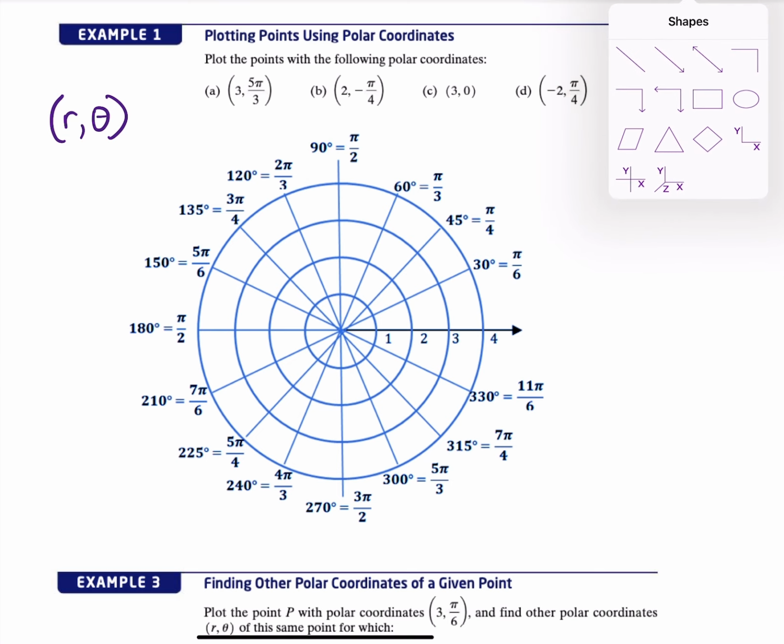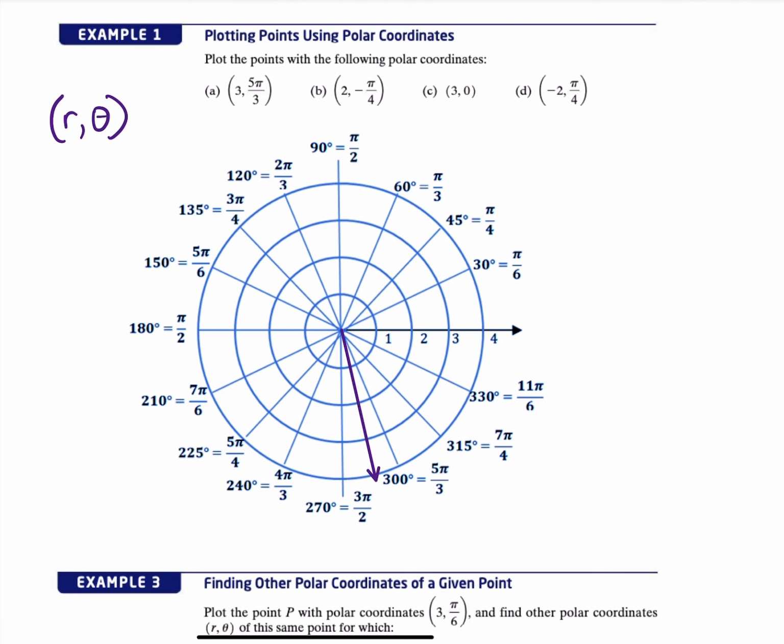So I'm going to try using these arrows just to help visualize. You can imagine first starting at the pole and going a distance of 3, going out to the ring of 3, or the circle of radius 3. And then we would rotate to an angle of 5π/3. So that would place us all the way down here.